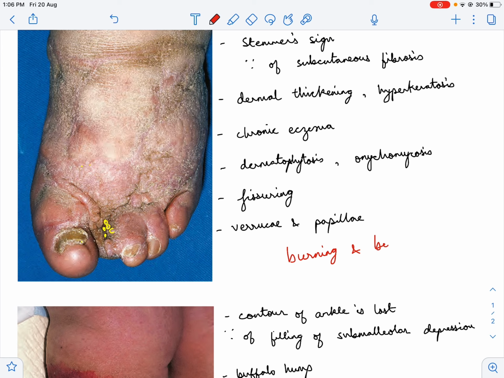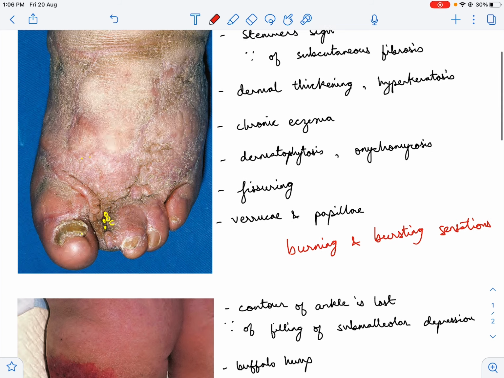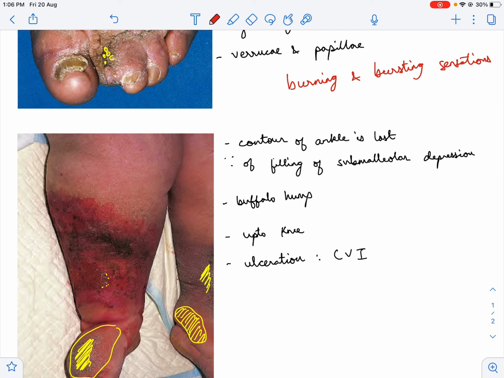The patient can also complain of sensitivity to heat, pins and needle sensations, and he becomes immobile basically because he or she gets tired soon. If the patient becomes immobile, it will lead to obesity, it will lead to muscle wasting, and because the patient is carrying a heavy load around in his leg, it will cause backache and joint problems, and whenever there is a breach of skin, it can cause acute infective episodes.